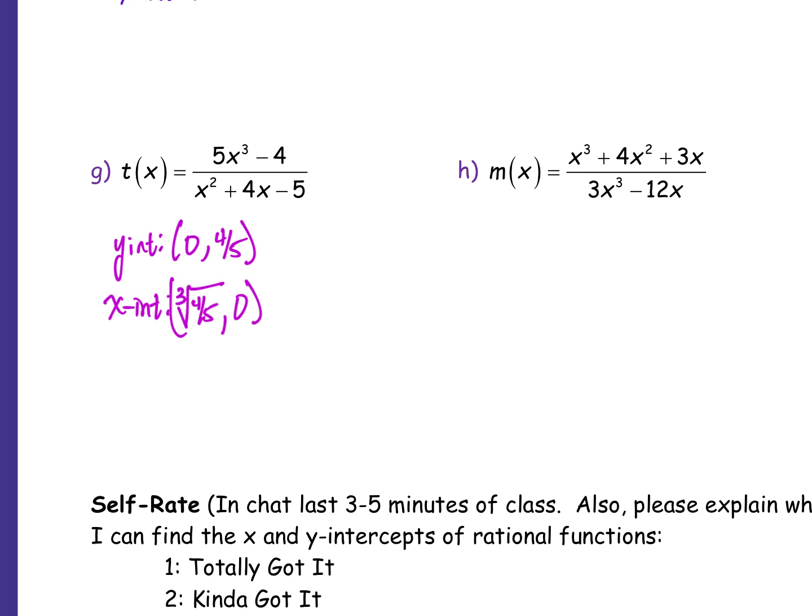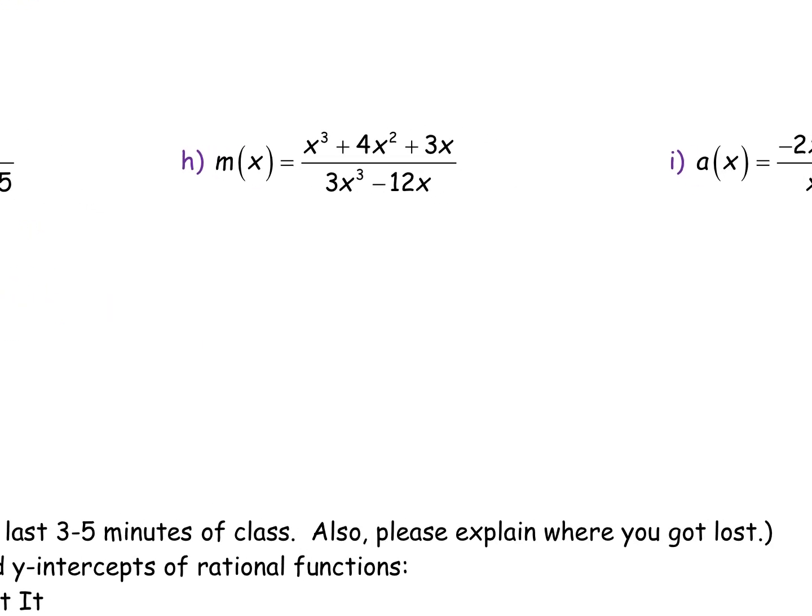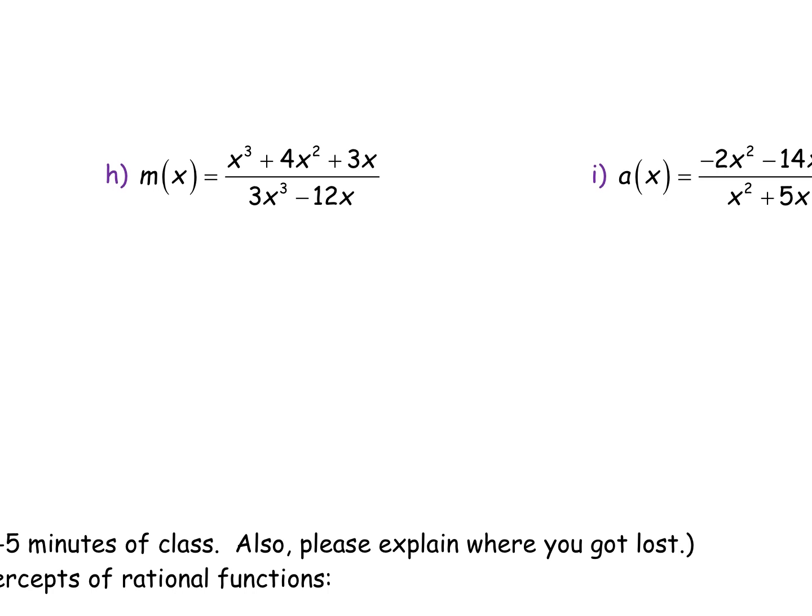I know. So hoping you could figure that out. And then on h, I can simplify this. I can factor, let's see, it all factors out. This is really ugly, but it factors to this, x times x plus 3 times x plus 1 all over 3x times x plus 2 times x minus 2, and then those x's go away, right?